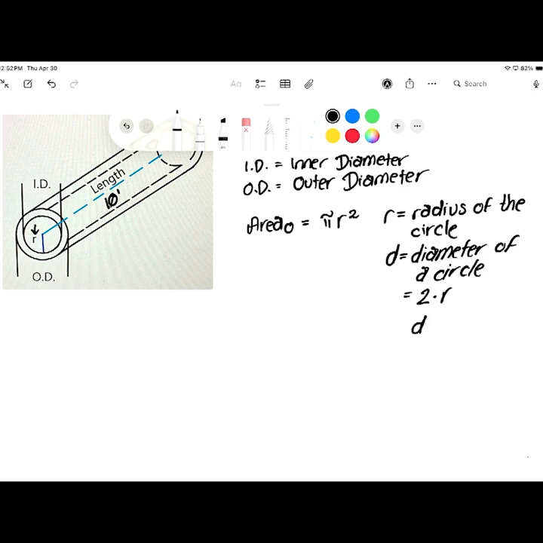So we have d over 2 equals r. If we do the conversion right here, it will be pi times d squared over 4. So to get the volume of the inner part of the pipe, you have pi d squared over 4 times L, where L is equal to the length of the pipe.